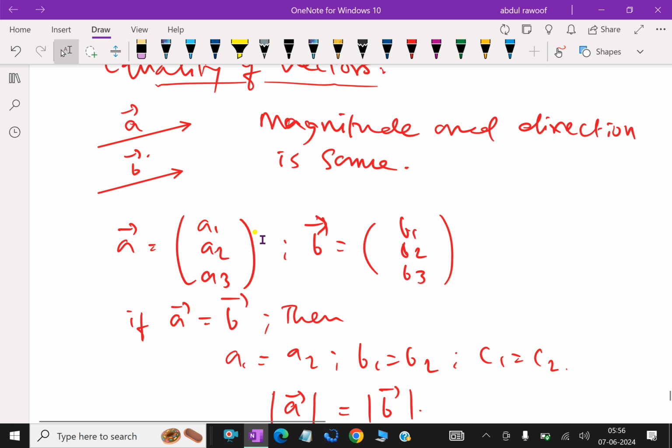So these two vectors are parallel as well, and the magnitudes are equal.